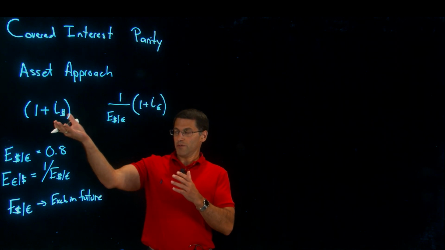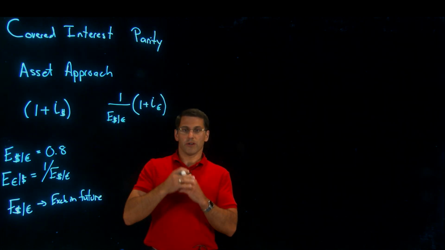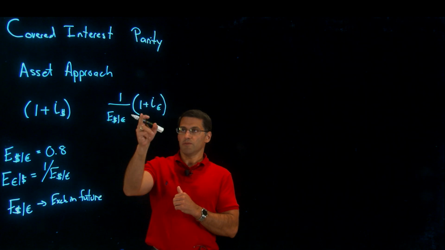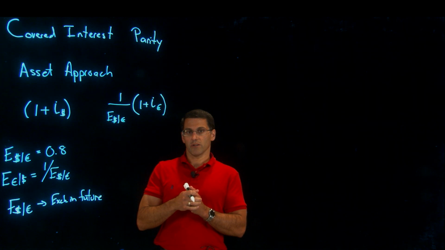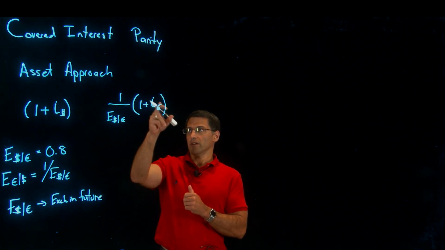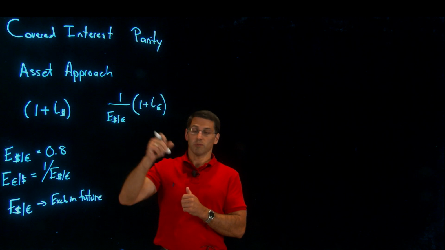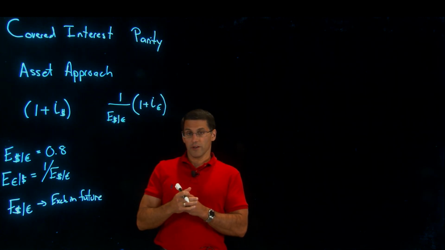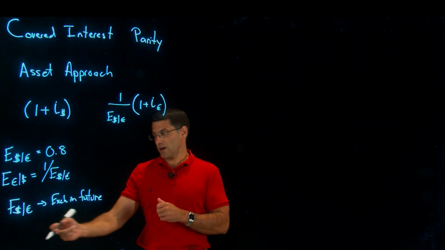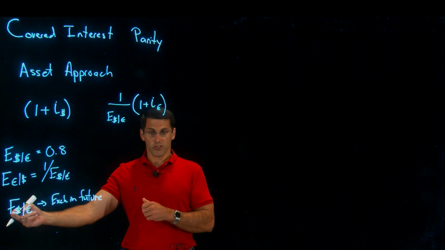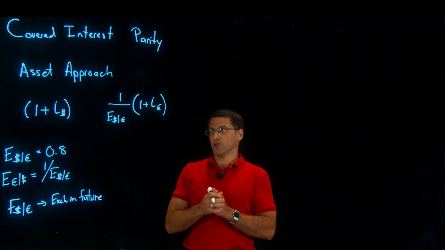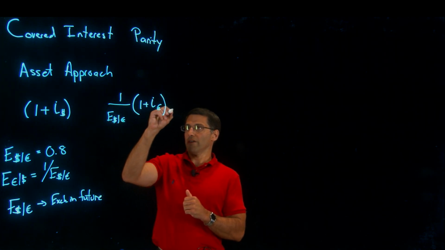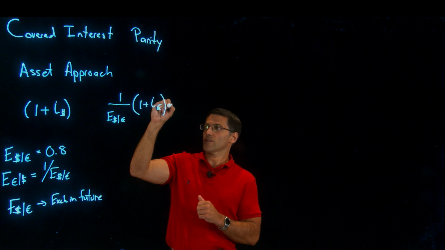If I'm doing it in the US, that's what I have, or I convert my dollar into euros, invest it in, say, a French bank and earn the euro area interest rate on that. Again, this product here tells me how many euros I have in a year. And then a year from now, I'm going to convert those euros back to dollars using the forward exchange rate that was in place when I first sent that dollar over to the French bank a year ago. So in other words, we multiply that by that forward rate.